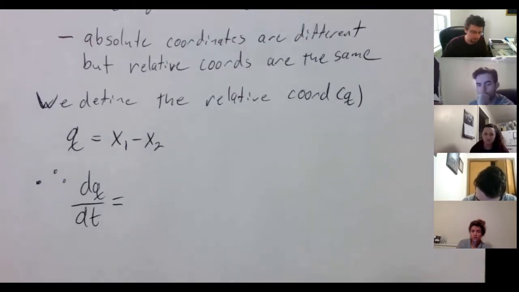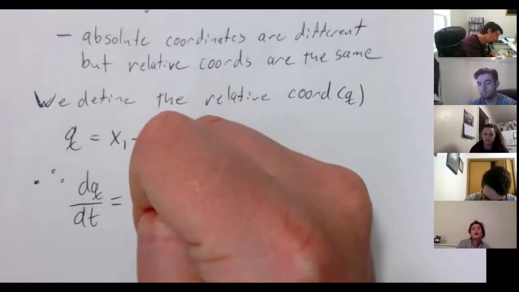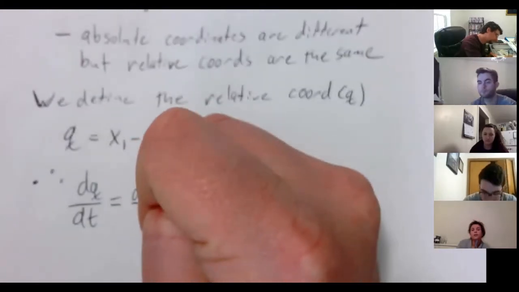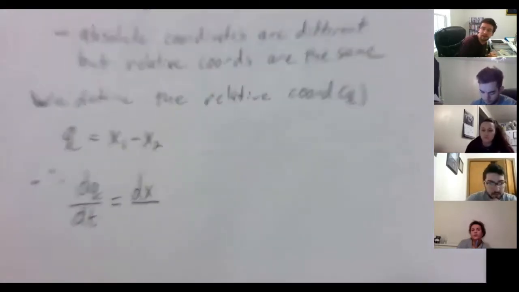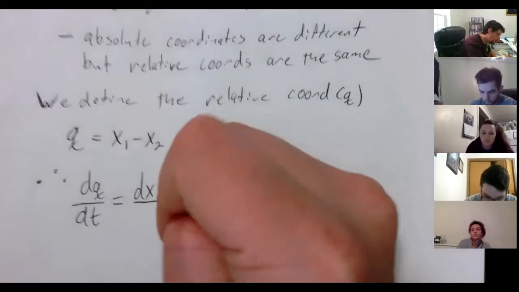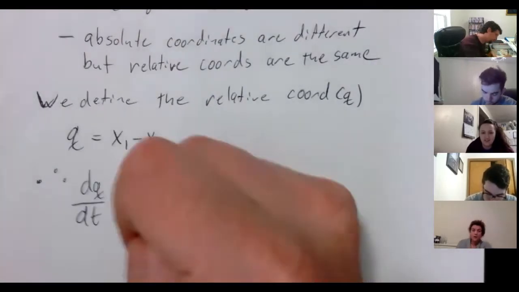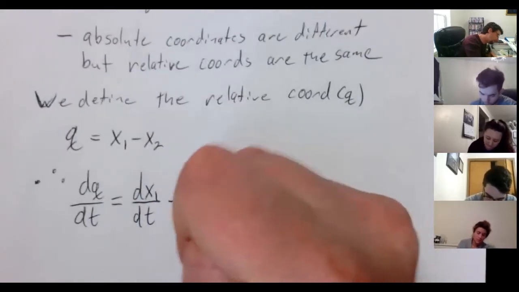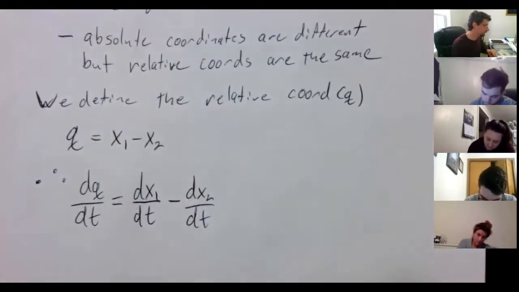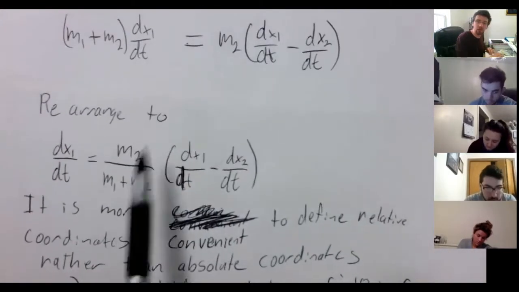It would be delta x sub 1 over delta time minus delta x sub 2 over delta time. Perfect.